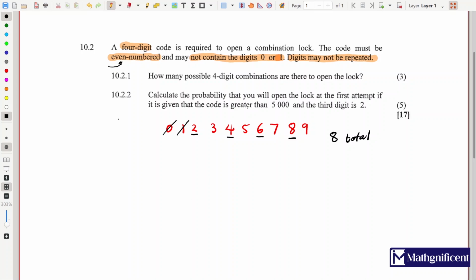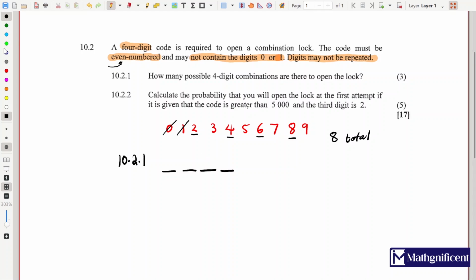So it can only end with 2, 4, 6, and 8. Right? So now let's move on to 10.2.1. It says: how many four-digit combinations are there to open the lock? So we have 4 digits. And remember, we have a restriction that our code must be an even number.